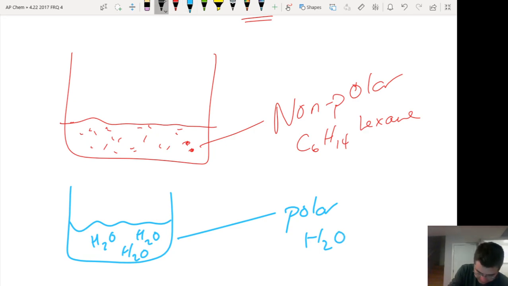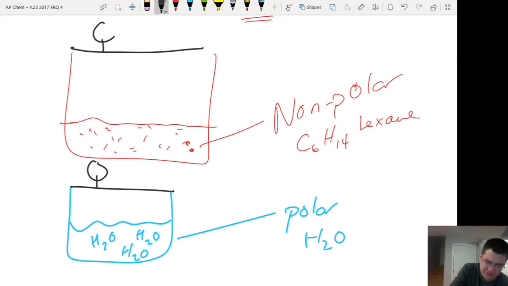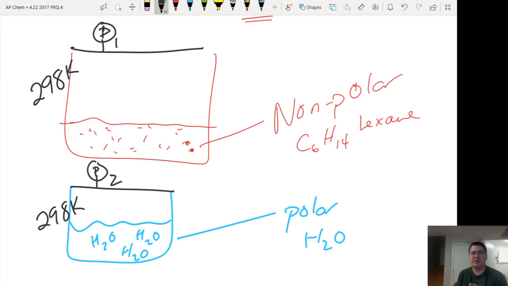If I could seal this container, both containers, put a little pressure gauge on here, and we can call this P1 and P2. They're both at, let's say, 298 Kelvin, which is room temperature. Which pressure gauge is going to read higher?